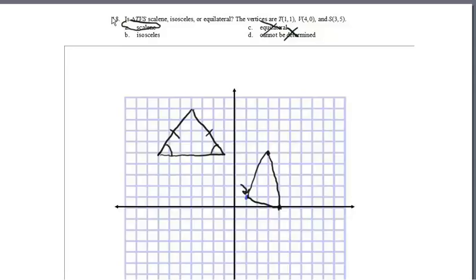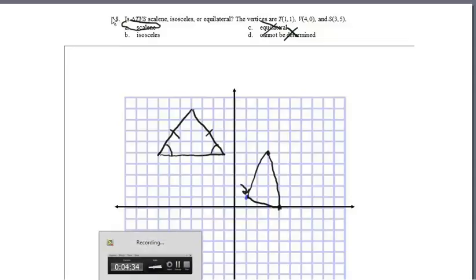Okay, so hopefully now you know how to find the midpoints. That was in your formula sheet. And these examples I showed you, you will see again. So I think that'll probably help.